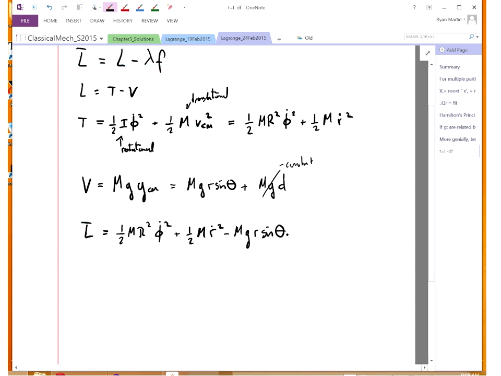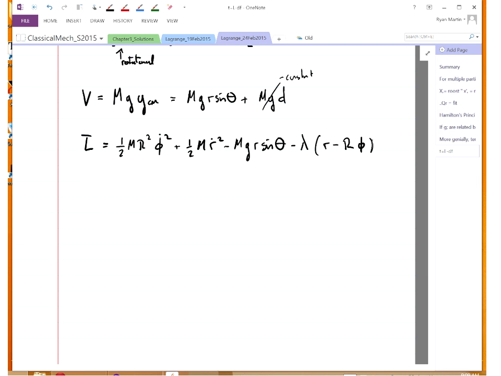And then, since I'm writing down L bar, I need to write down minus lambda times my function f, which, recall, was lowercase r minus capital R phi. And so that's our Lagrangian. So we have 2 degrees of freedom, r and phi, and we've decided to keep them both and add in this last term from the constraint between r and phi so that we can keep both. Okay?